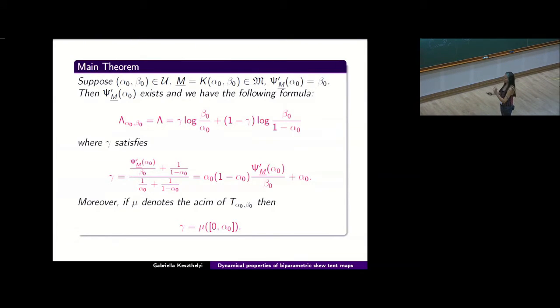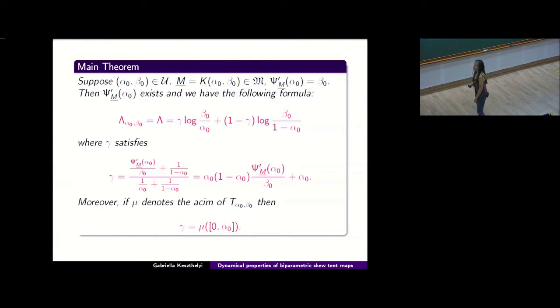So there are a lot of nice connections actually between the entropy, the Lyapunov exponent, and the invariant measure here. If I had double the time, I would have talked about the invariant measures as well, but I didn't.